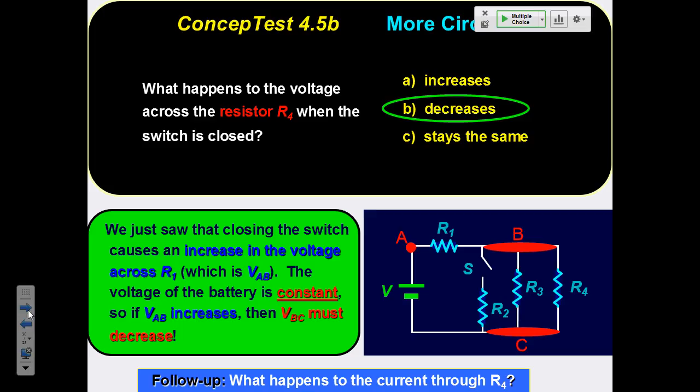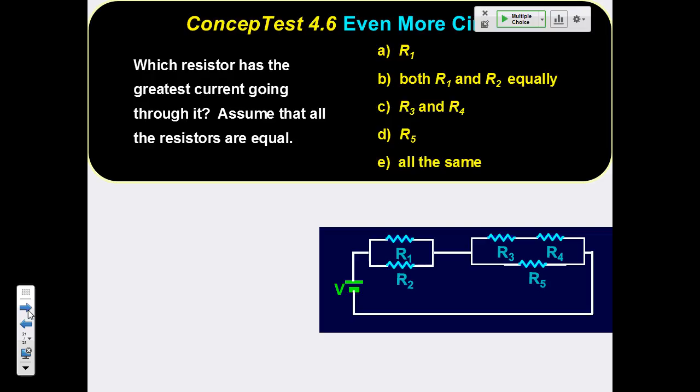The only voltage that increases is this voltage. Actually, the current through this one increases. These decrease because the resistance decreases.